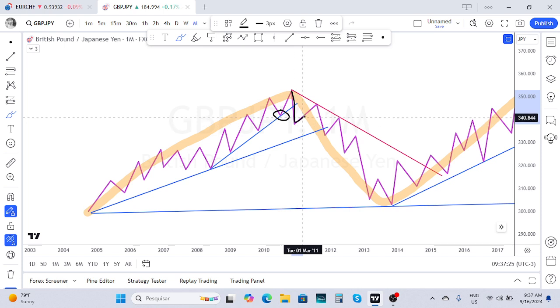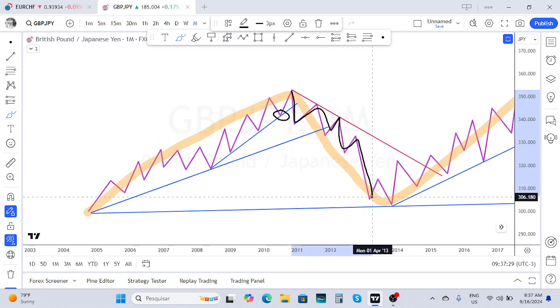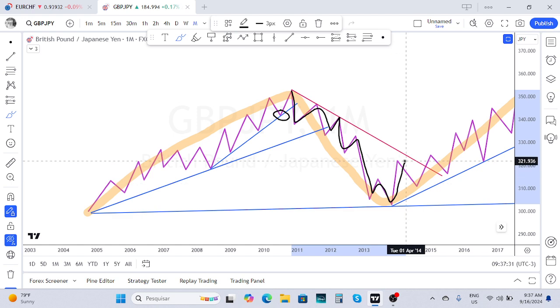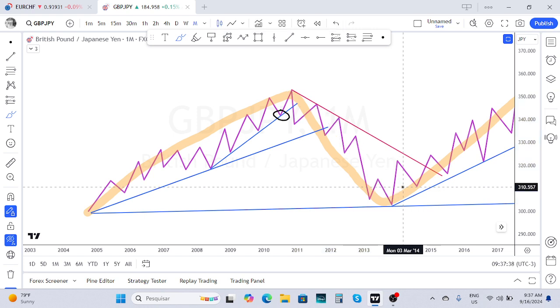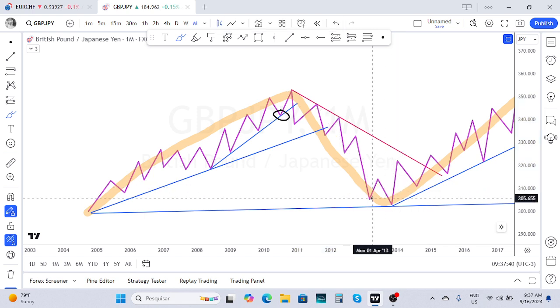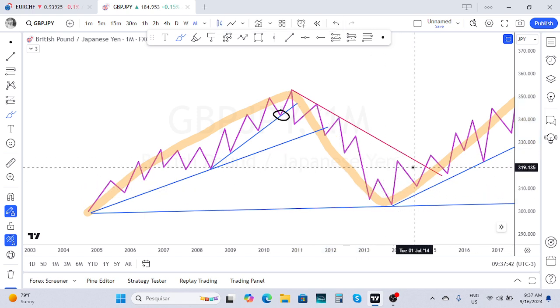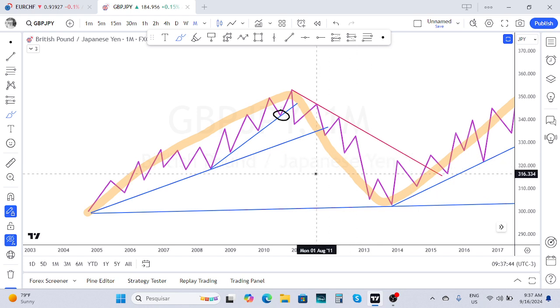Okay, then it started making lower highs, lower lows, lower highs, lower lows, lower highs, lower lows, all the way, and it made a higher high right here again, terminating this lower high. It changed the trend.